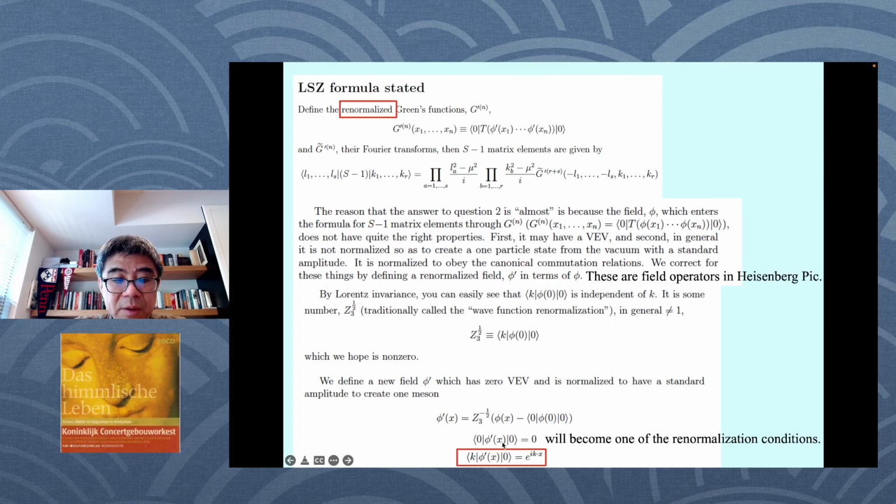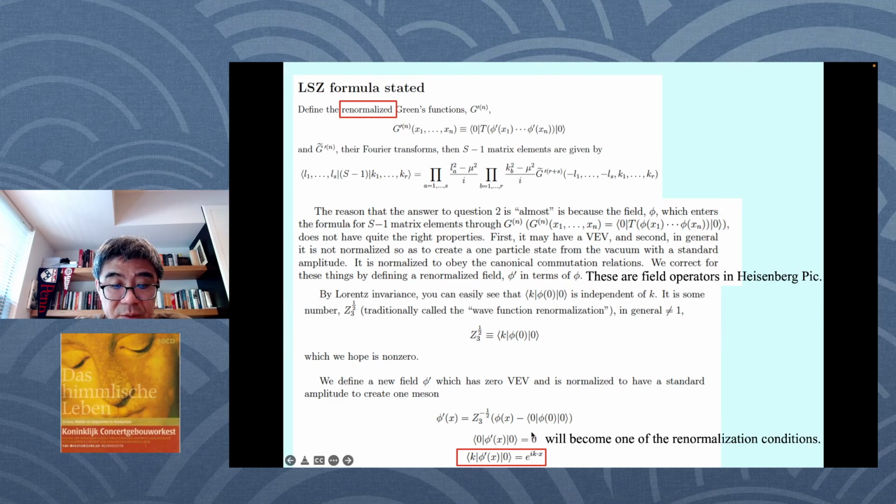This phi prime is a renormalized or rescaled field operator defined as here, that will satisfy the condition of the vacuum expectation value equal to 0. Very good. And the phi prime sandwiched between 0 and k equals the exact plane wave as we expect from the free, the interaction picture.